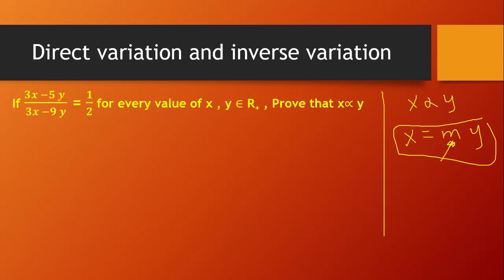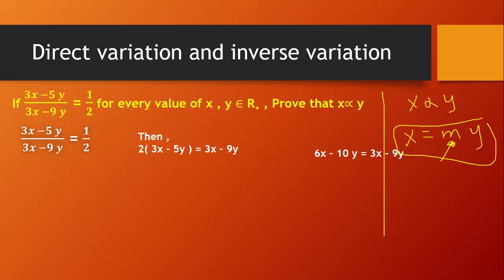Okay, let's see. We will make a cross product. So 2 times (3x minus 5y) equals 1 times (3x minus 9y). So 2 times 3 equals 6, so 6x minus 2 times 5, which is 10, so 6x minus 10y equals 3x minus 9y.